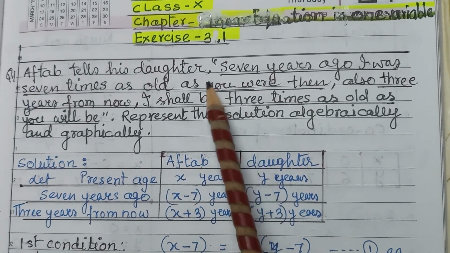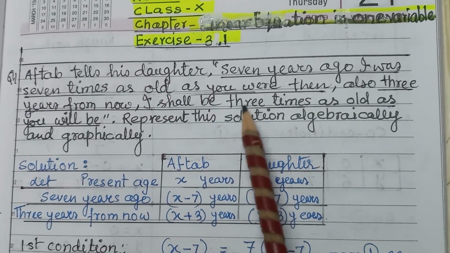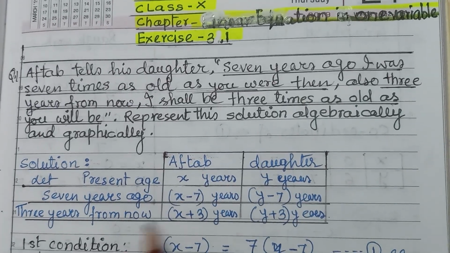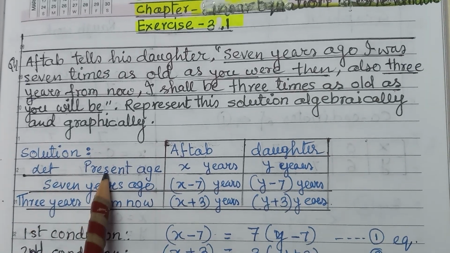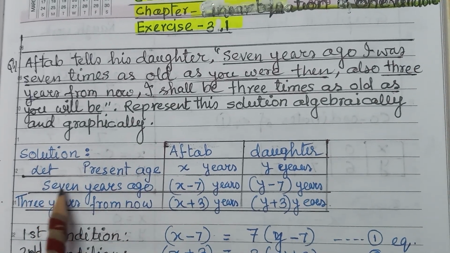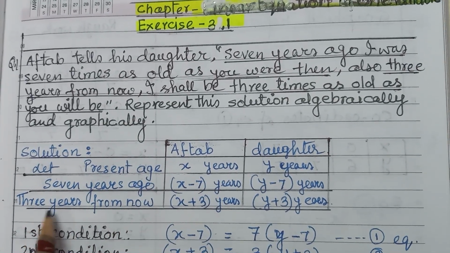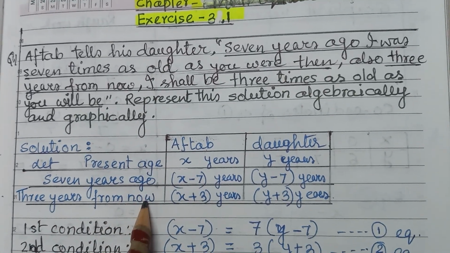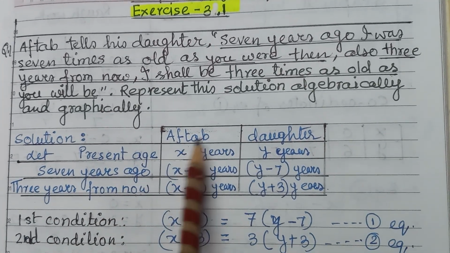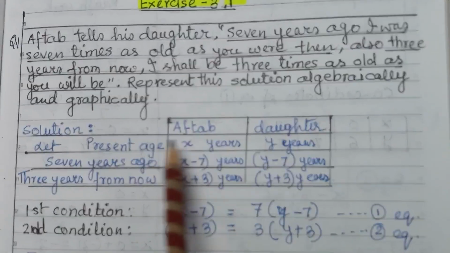Now in any age question you have to make a chart, where you write the present age, the age 7 years ago and the age 3 years from now, three conditions. Aftab and his daughter.